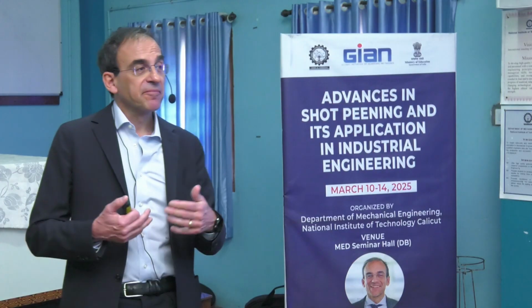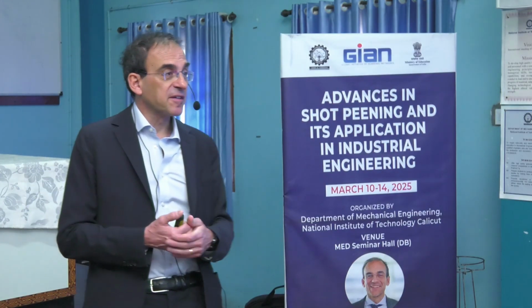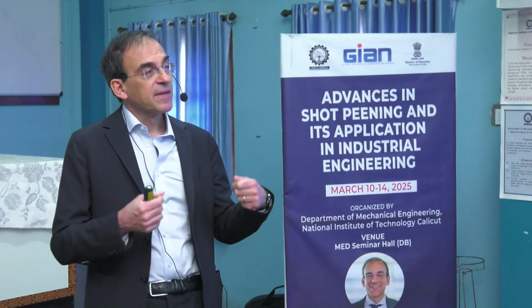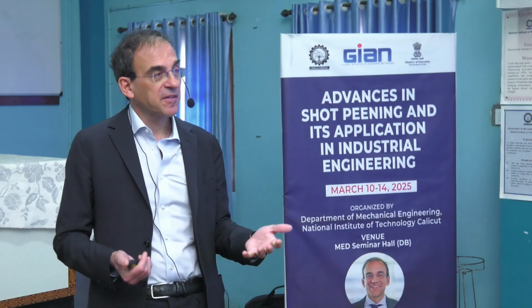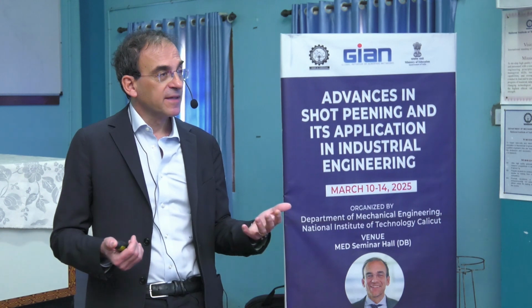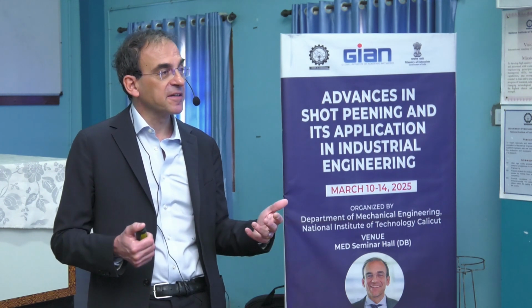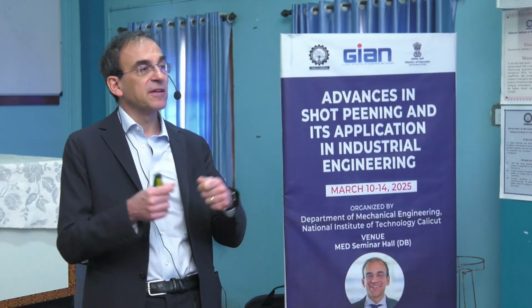Stress peening is an evolution, let's say a particular application of shot peening, where we apply shot peening on a mechanically stressed component. Yesterday I introduced the pre-stressing by showing the example of the leaf spring.